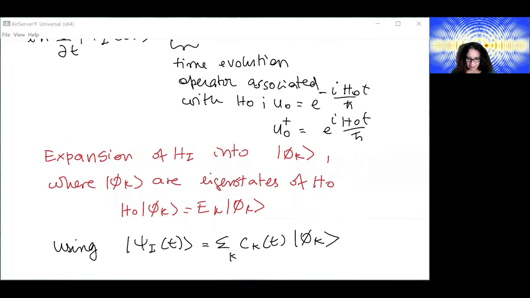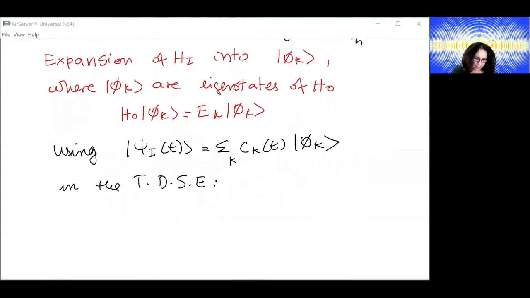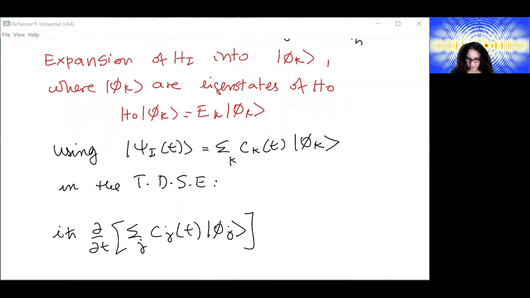So plugging this into the time-dependent Schrodinger equation is going to give me i h bar d/dt sum of, okay, j, k, whatever you want, doesn't matter, c_j(t) phi j equal to lambda U0 dagger V(t) U0 c_k(t) phi k.